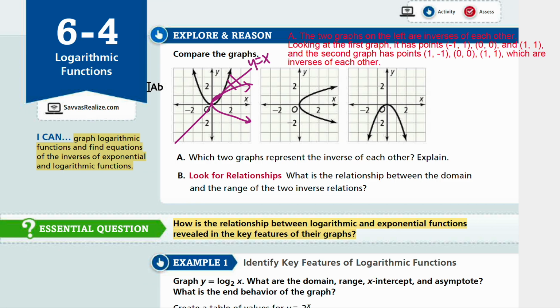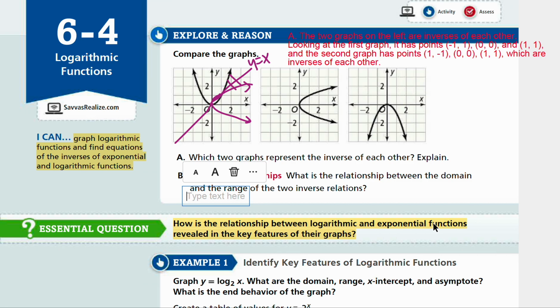And the range for the first one, which is greater than or equal to 0, is the same as the domain of the function on the right, right?